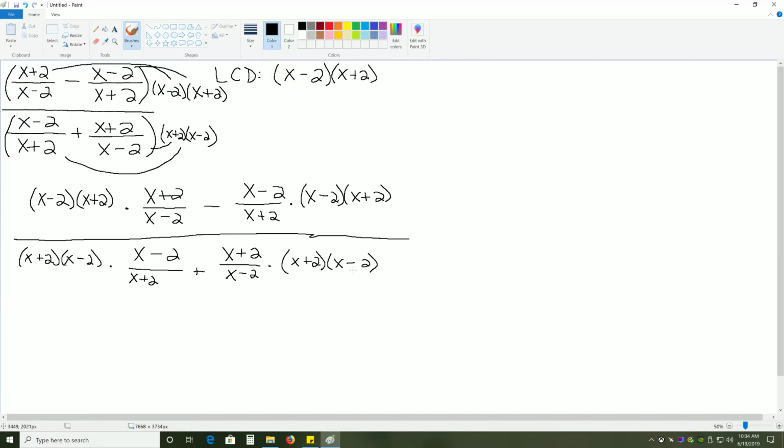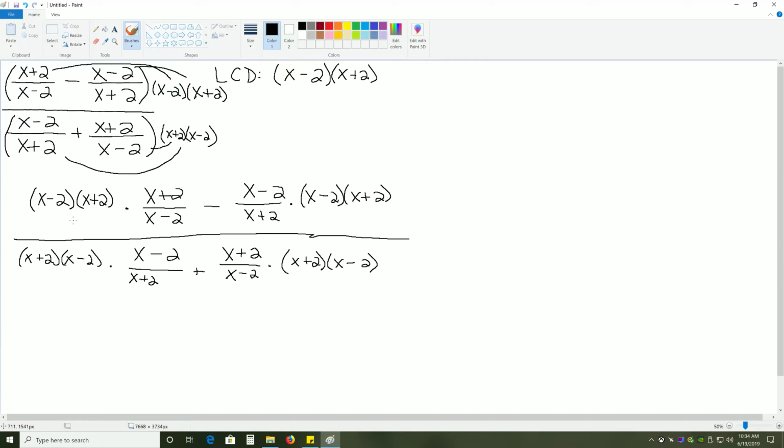This might look very intimidating, but just realize it's for the sake of space that I had to rewrite it like this. Typically, you could just go to the beginning of your problem and write this x minus 2 times x plus 2 next to each term, and it will mean the same thing as all this work we've done here.